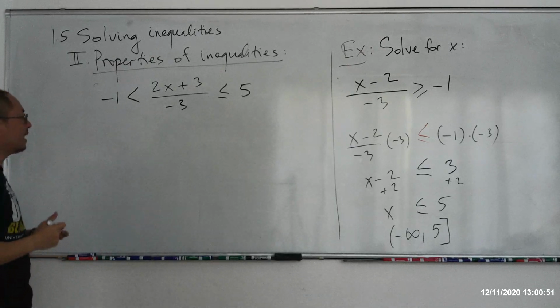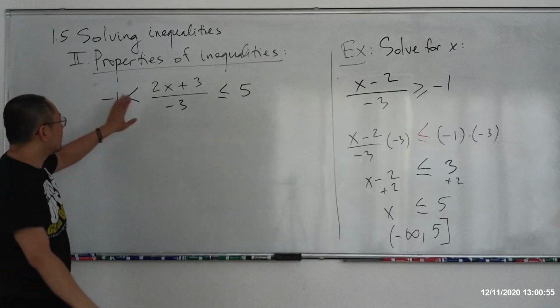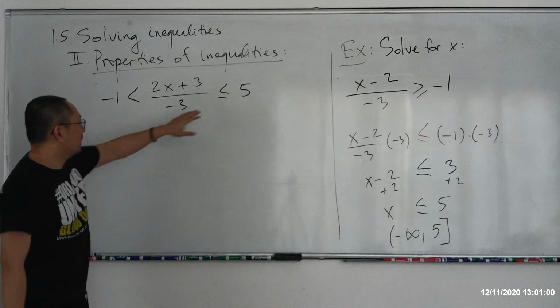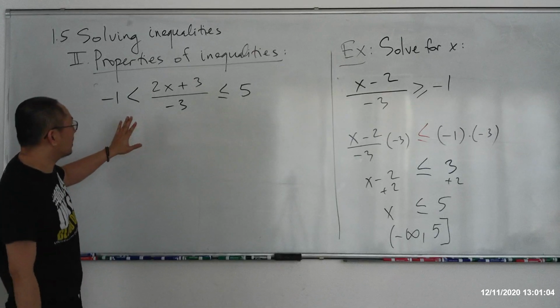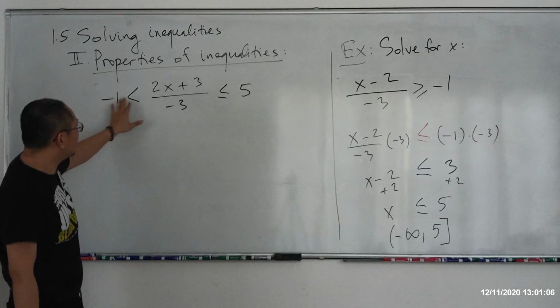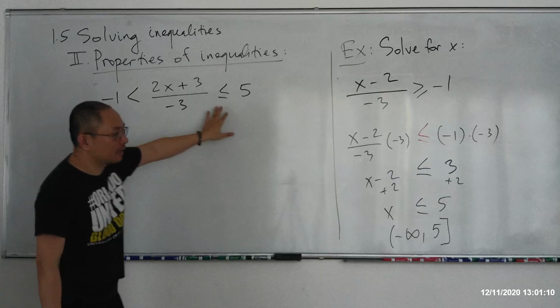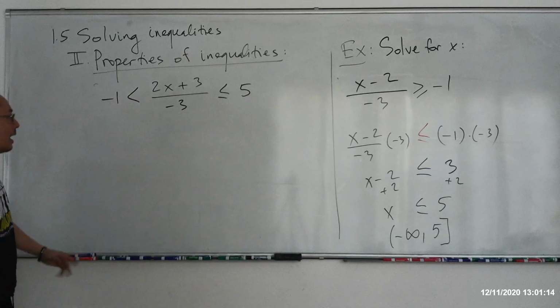Now you see that it's not one inequality anymore. In this example, you have 2 inequalities. The strict inequality on the left, and then the less than or equal inequality on the right, okay? So we actually have 2 inequalities. Negative 1 less than (2x plus 3) over negative 3. And then (2x plus 3) over negative 3 less than or equal to 5. And I claim that we can solve the 2 inequalities at once.